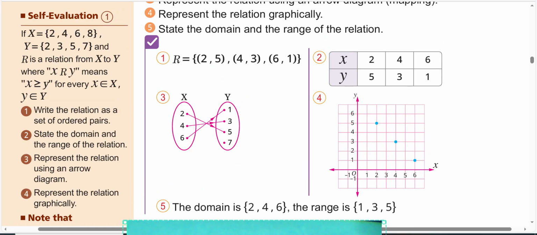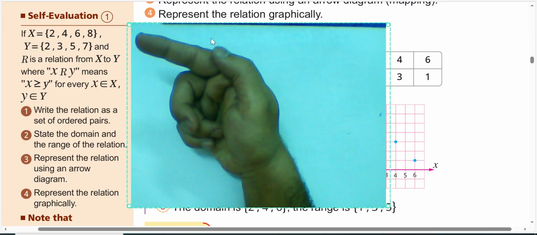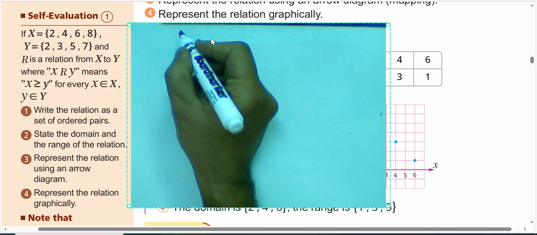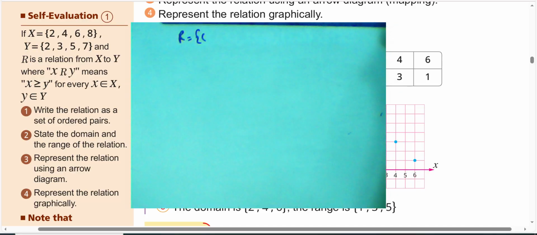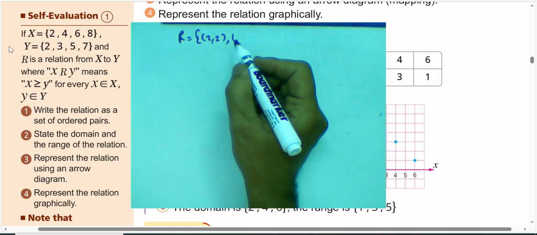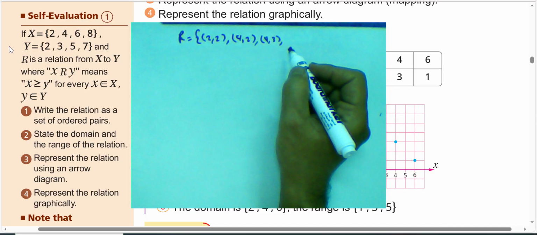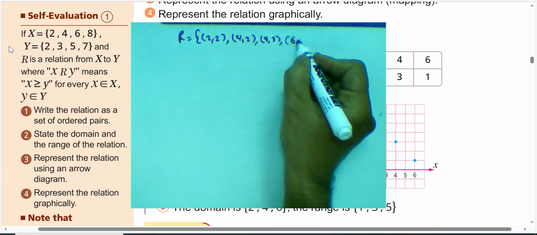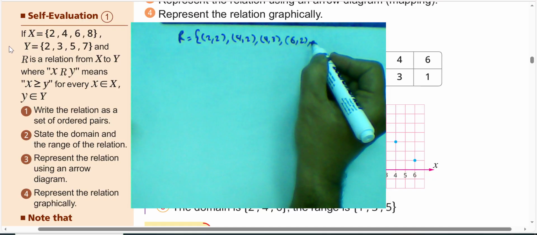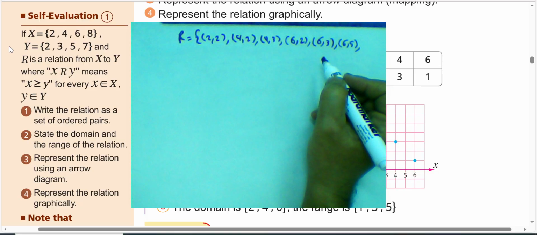Now I will explain self-evaluation number 1. Listen to me about number 1. We have two sets x and y, and the relation between x and y is x greater than or equal to y. Then we can write the relation: 2 with 2, and 4 greater than 2 and 4 greater than 3, and also 6 greater than 3, 2 and 5, and 6 greater than 5, and then 7.